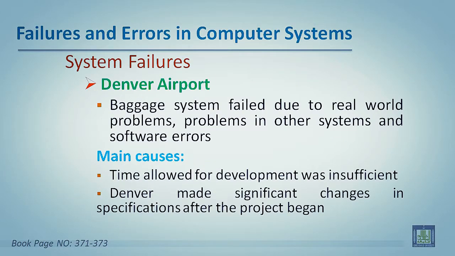Here is an example of a system failure that happened at Denver airport in the baggage system. The main cause for this failure was that the development time was insufficient, and also significant changes in the specifications after the project began.